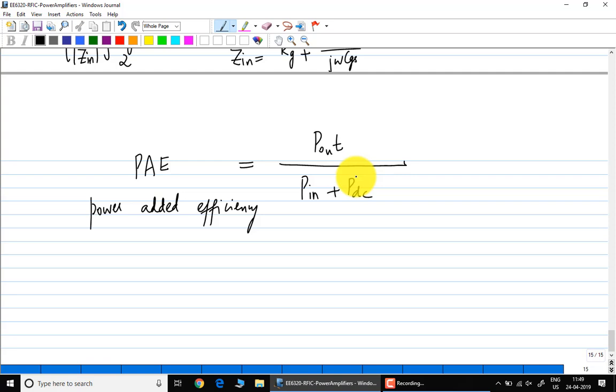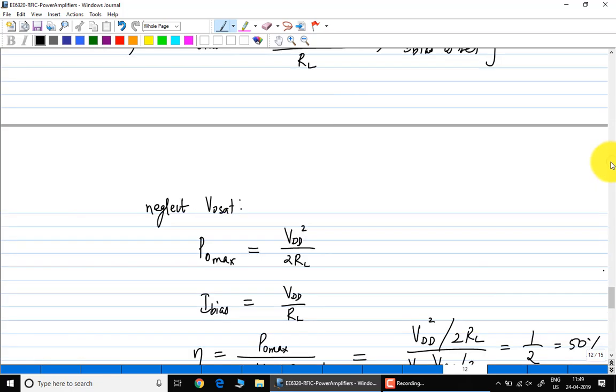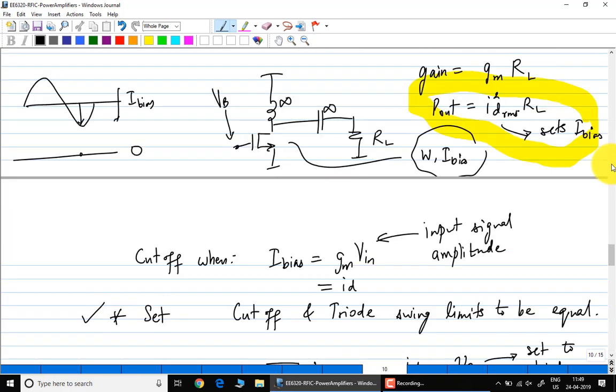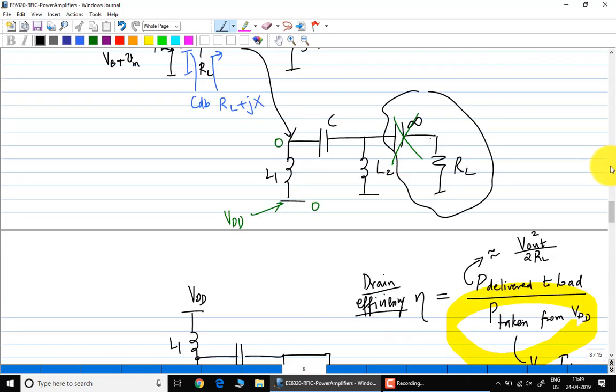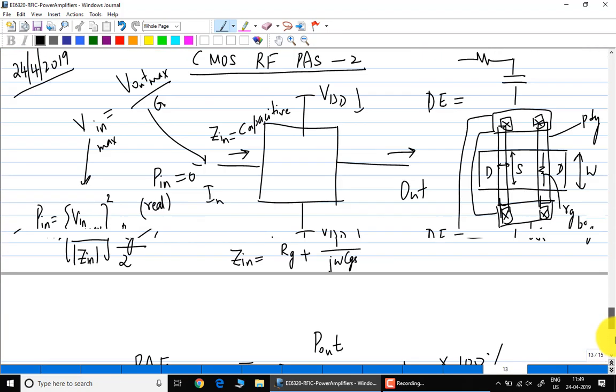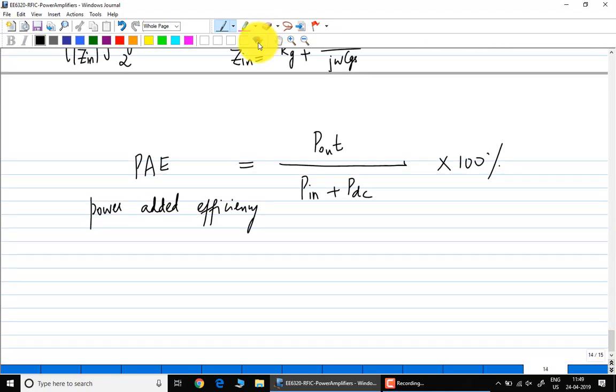Okay, so for a high gain circuit, PAE and DE will be almost the same, and normally both of these are represented in terms of percentage. So maybe I'll also put in the percentage explicitly, into 100. Okay, normally it's normal to express efficiency in terms of percentage. Any question?